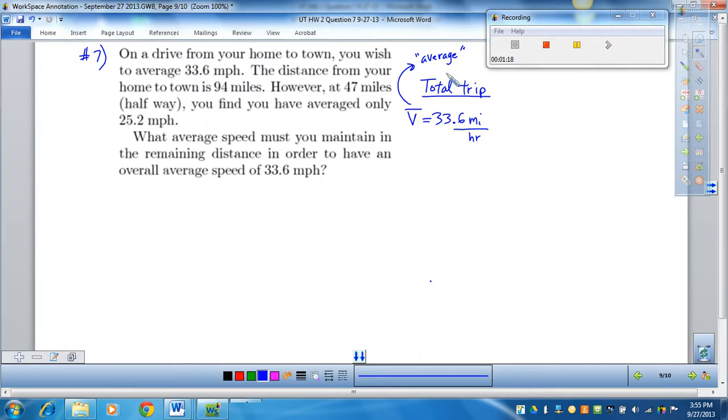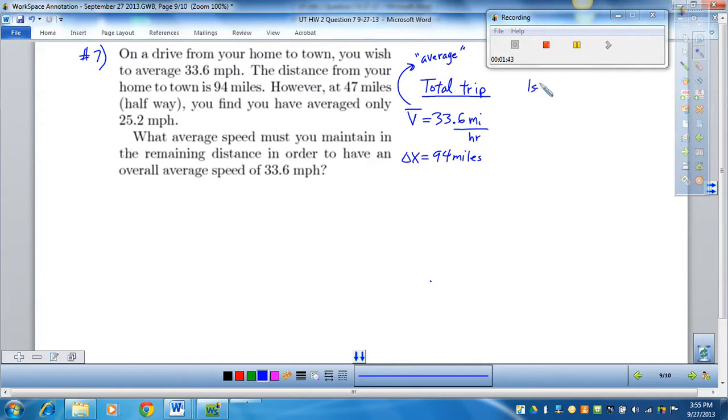Okay, the distance from your home to town is 94 miles. So the total delta x on my trip, the total displacement, is going to be 94 miles. However, at 47 miles, halfway, you find you have averaged only 25.2 miles per hour. So now they gave me two more pieces of information.